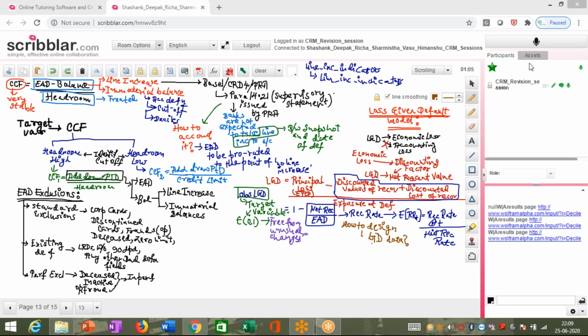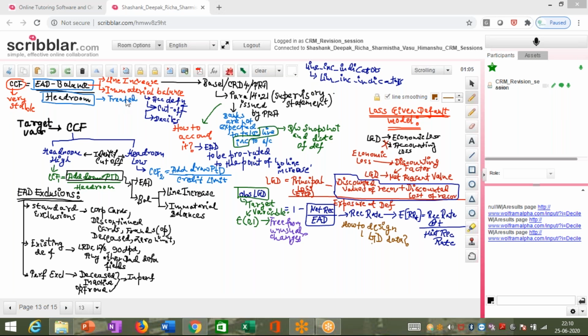Okay. So when I talk about the LGD data, we have already said that there are two types of LGD data models that we generally need to build.